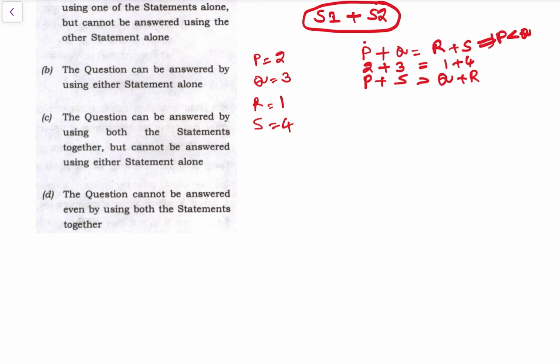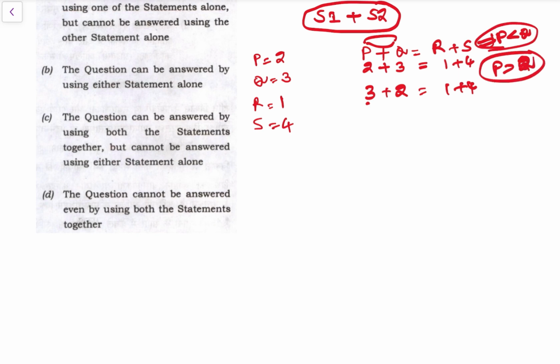Right, now reverse the values of P and Q. If we reverse, that is 3 plus 2 is equal to 1 plus 4. So here P is 3, greater than Q, which is 2. So P is greater. So here also we cannot say what the relation of P and Q is. So P can be less or P can be more.